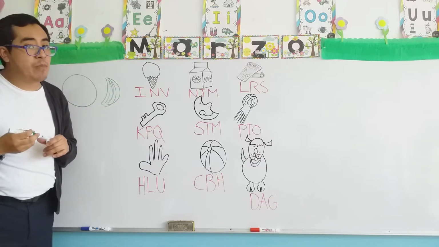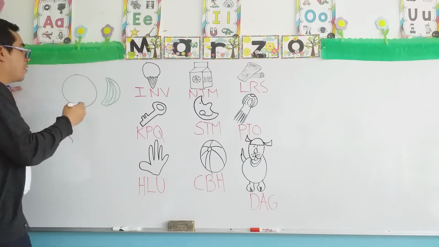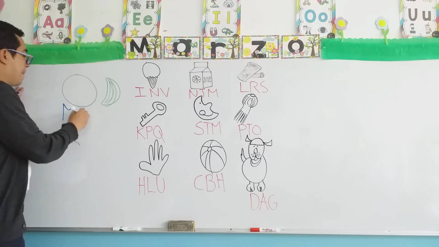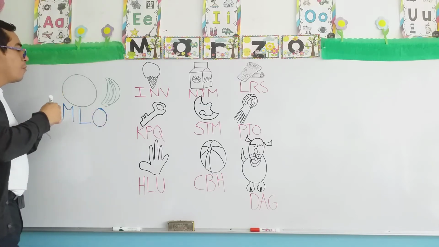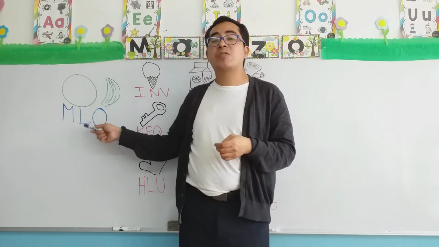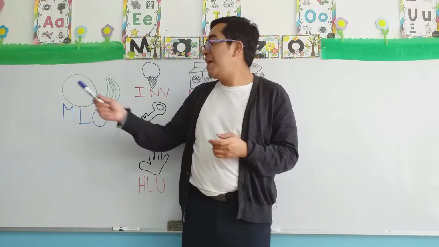It's a lemon. Now imagine we have the following letters. Imaginen que tenemos las siguientes letras para lemon. Which one of these 3 letters, cuáles de estas 3 letras ustedes creen que empieza la palabra lemon?